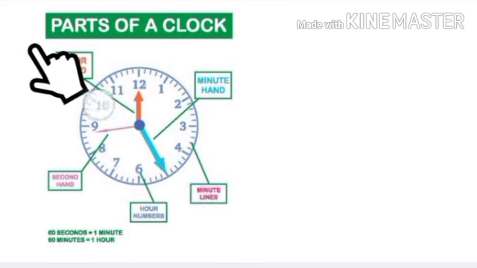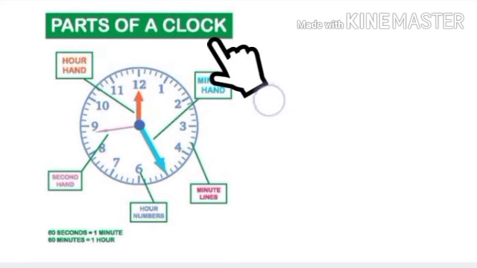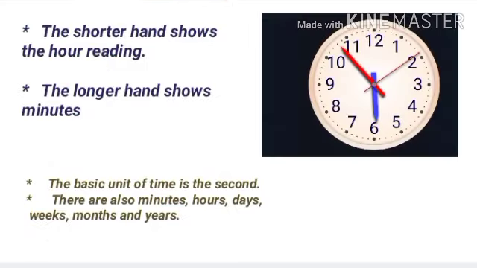So these are all the parts of a clock. In a clock, the shorter hand shows hours, the longer hand shows minutes. The basic unit of time is the second. We can say minutes, hours, days, and so on.